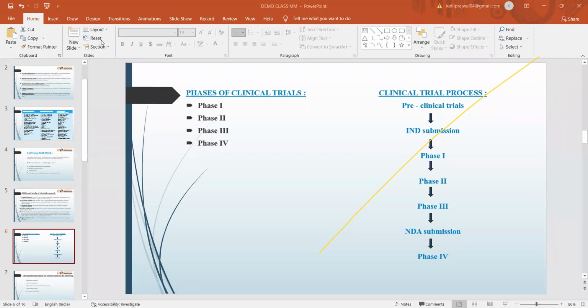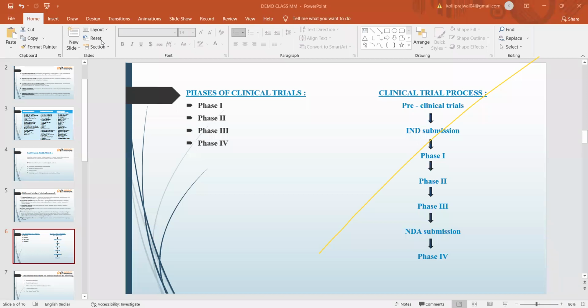Anyone, do you know what pharmacokinetic parameters are? You can simply guess. Whether it is right or wrong, it's okay, you can simply tell me. How many of you are from pharma background?